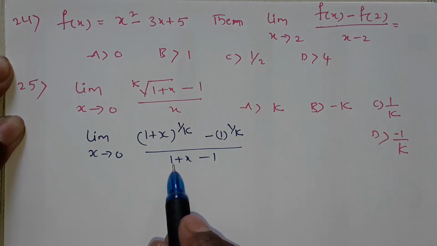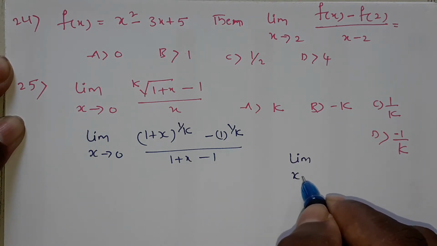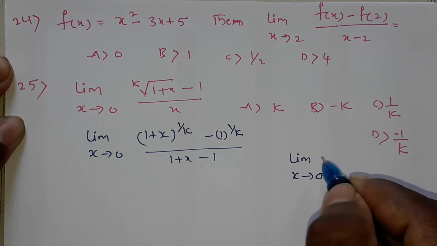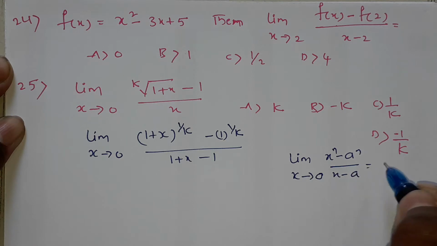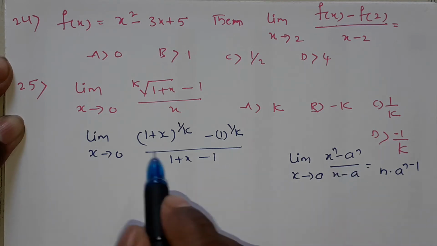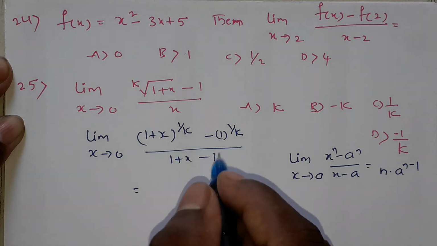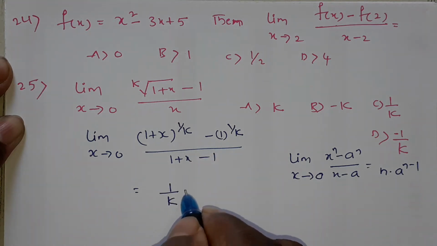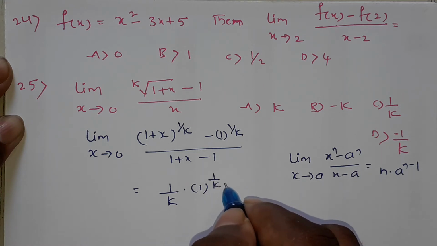In denominator we add plus 1 minus 1, which is in the form of limit x extends to a, x power n minus a power n by x minus a is equal to n into a power n minus 1. Same form. Here total x value is equal to 1 plus x. A value is equal to 1. Here n value is equal to how much? n value is 1 by k. Into a value is 1, n value is 1 by k minus 1.